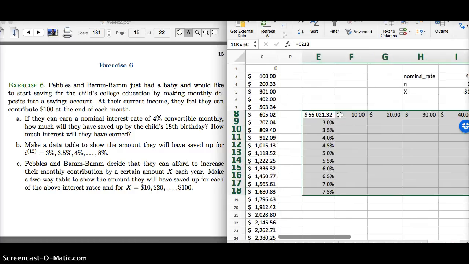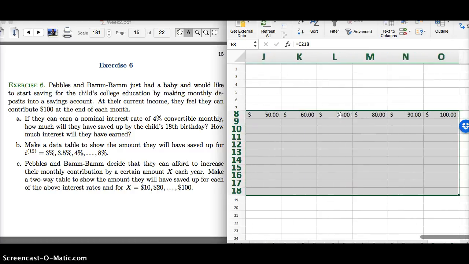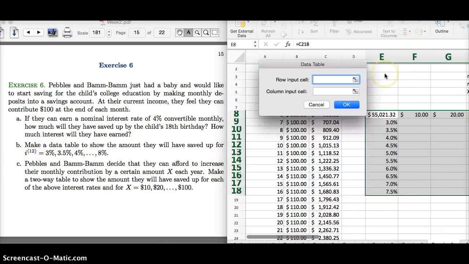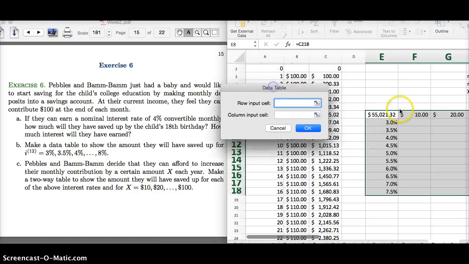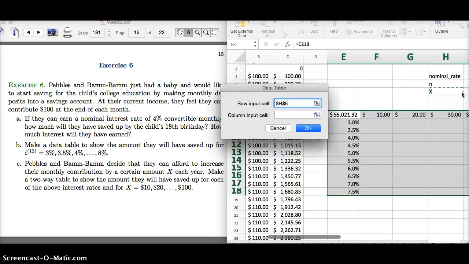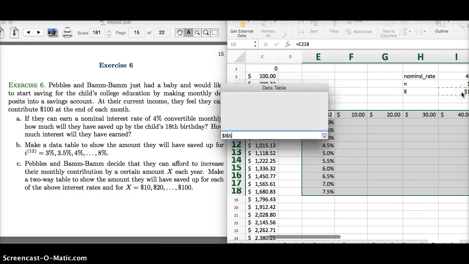I select the whole table here, and again I do Data Table. Now I have both a row and a column input cell. The row input cell would be the row amounts here, which are going to replace X, so it should be this amount, in cell I5.